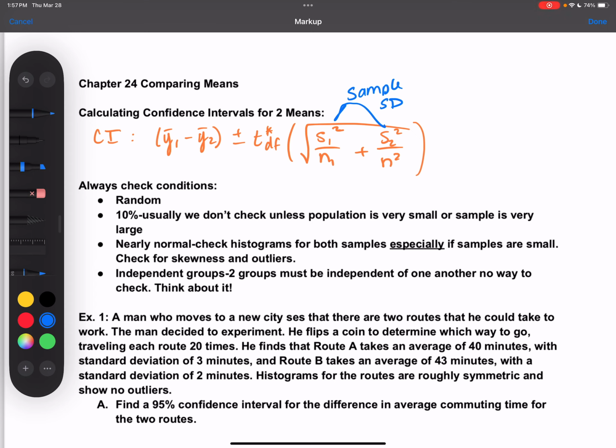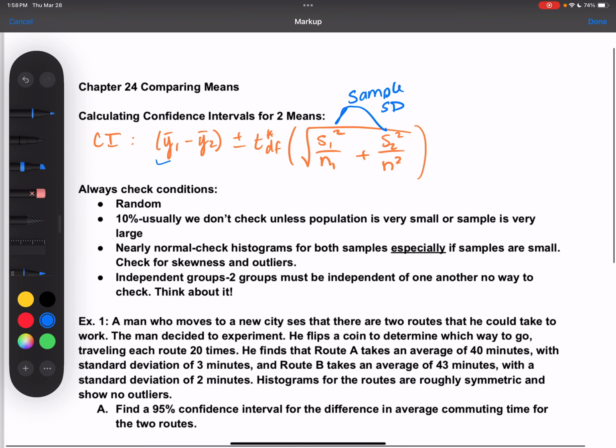Oftentimes, like I said, calculating the degrees of freedom for two samples can be a little tricky. So a lot of times, let the calculator find it for you, because it will. Use that to find the value if you have that option. And then also these are the sample means here.